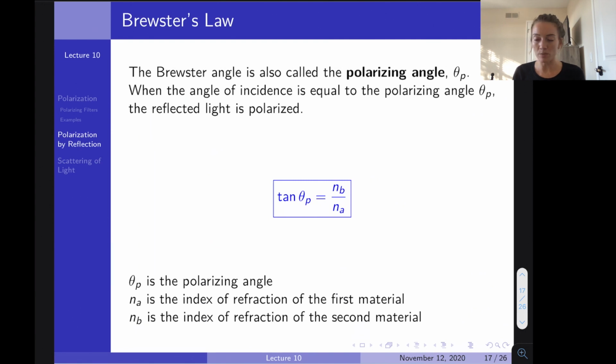So that's why the Brewster angle is important, and why it's also called the polarizing angle. Here we call it theta P. I'll just write that theta P and theta B from the previous slide are the same. This just says that the tangent of your Brewster angle or your polarizing angle is equal to the index of refraction of the second medium divided by the index of refraction of the first medium.